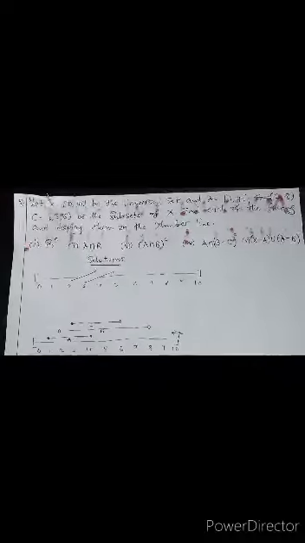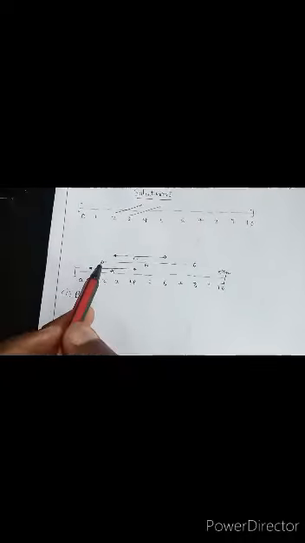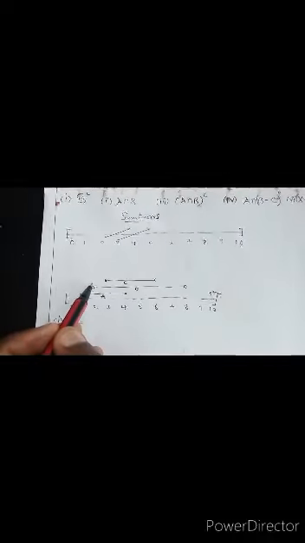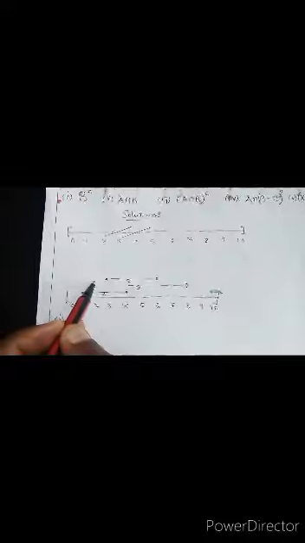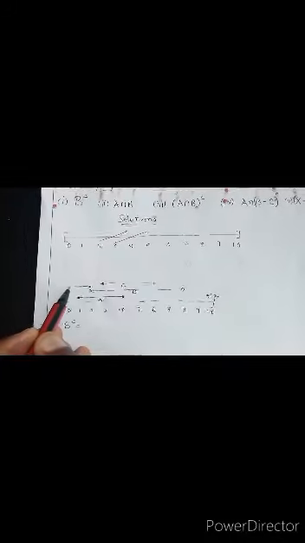Then they ask us to find B complement. B complement is anything that is not in B. So we have to shade here up to here, and even somewhere here up to 10, like this.